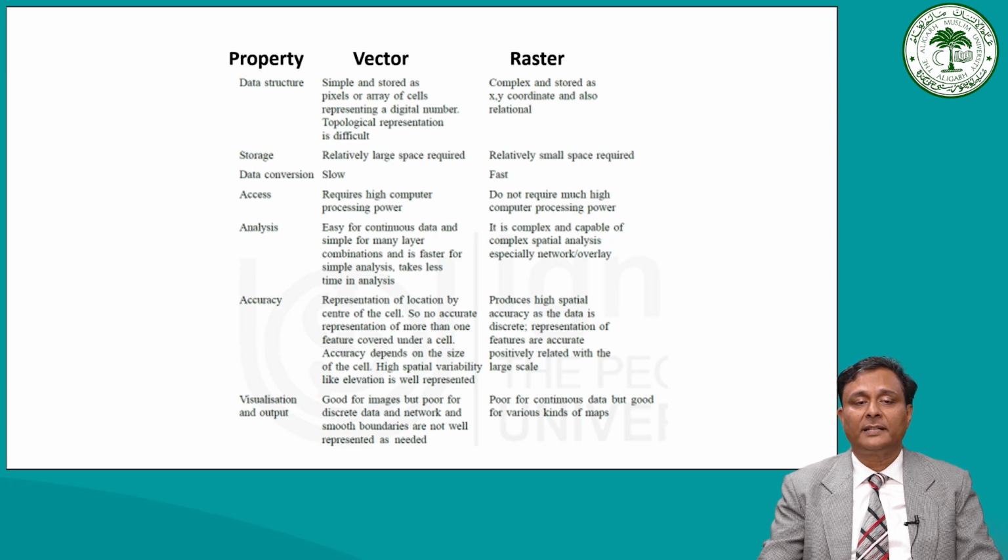All in all, I would say that it is a tug of war between vector and raster data formats. It depends on the requirement, on the efficiency of bringing the spatial data into our analysis, and on how efficiently we can process it.